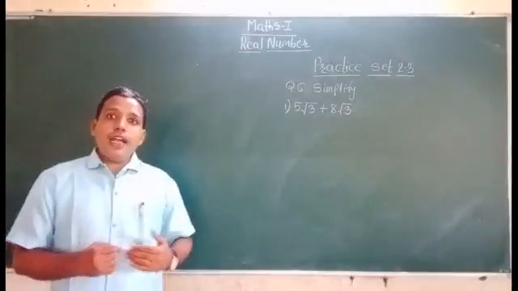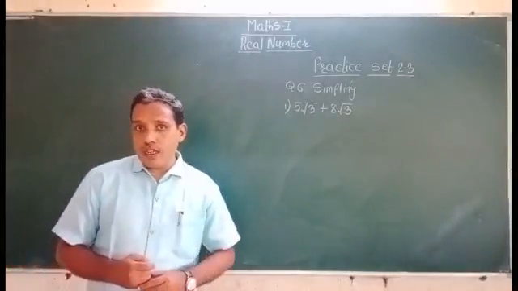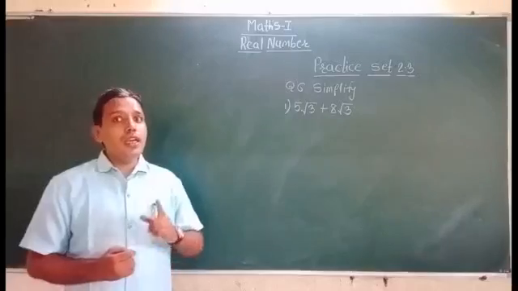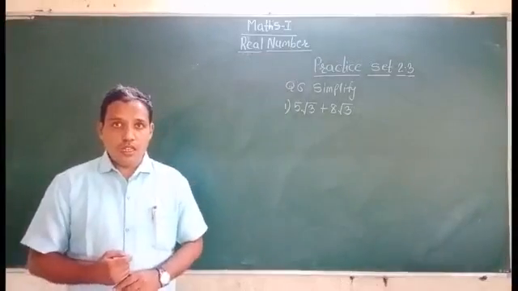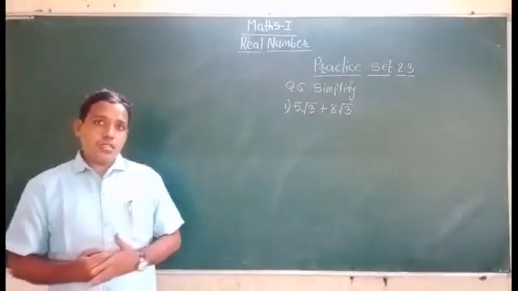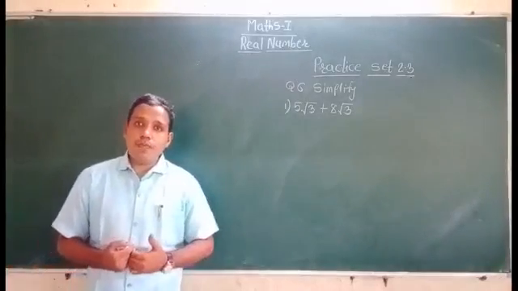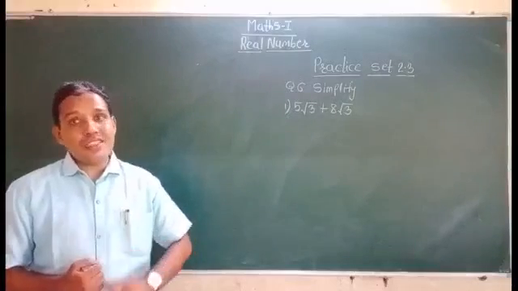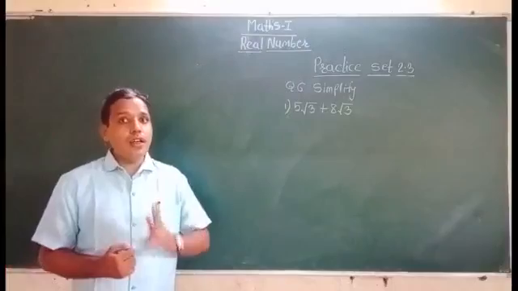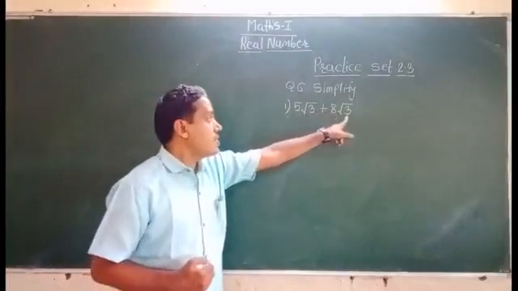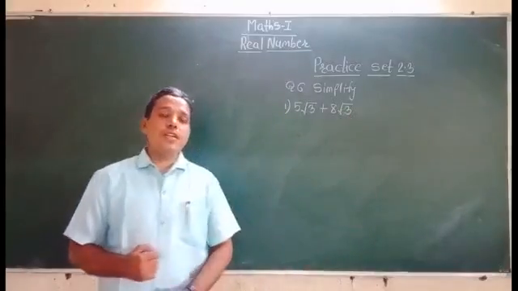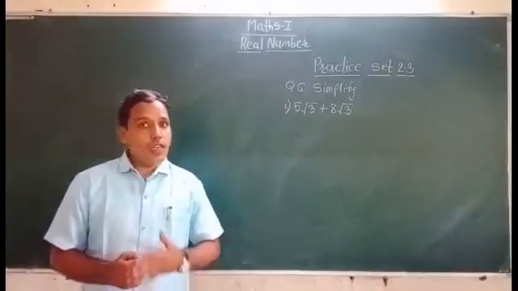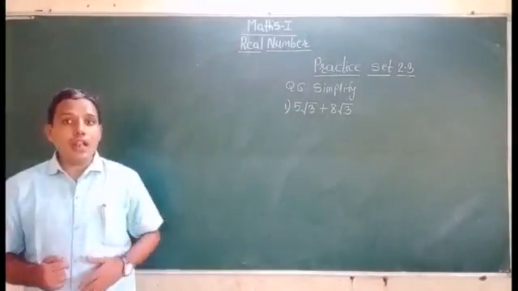The rule of addition and subtraction is that they are carried out only and only on like surds. Which are like surds? When, in given two surds, the radicands are the same, then we say these are like surds, and addition and subtraction is carried out only and only on like surds.